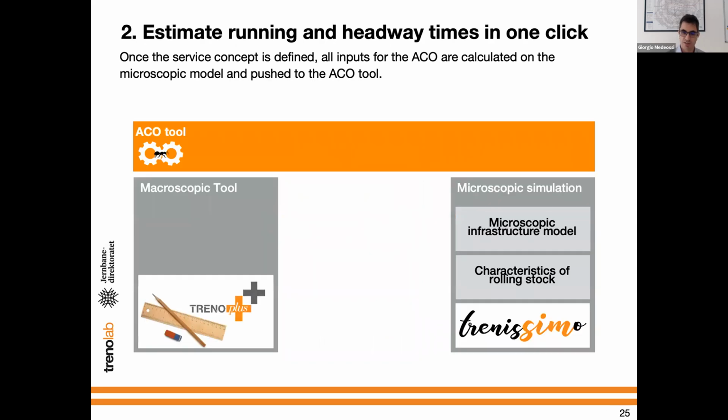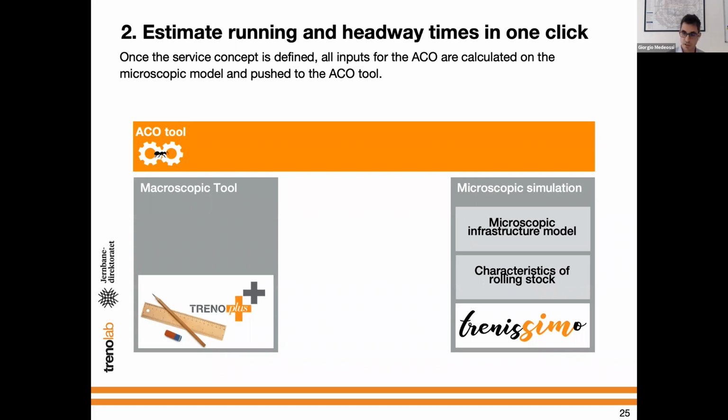A bit more attention on just two points. First is, how do we get the running times and the headway times? We don't get them from a book, we don't get them from regulation, we don't get them from a macroscopic model. They are calculated based on our microscopic model that is integrated in TRENissimo.